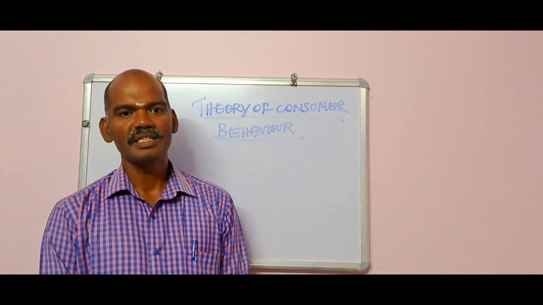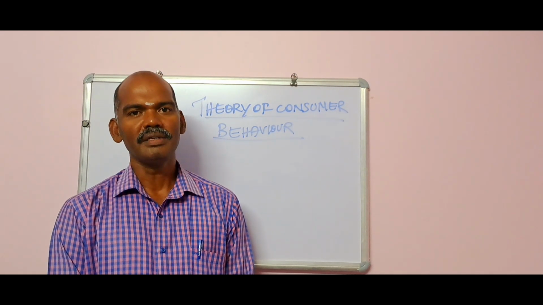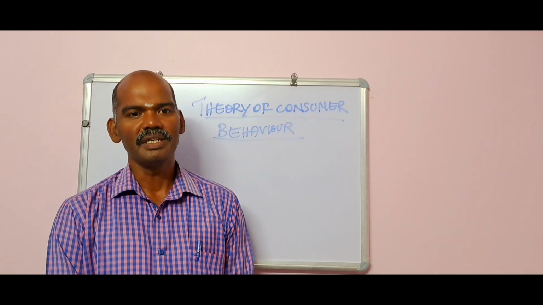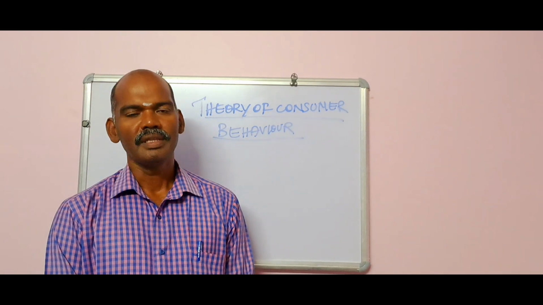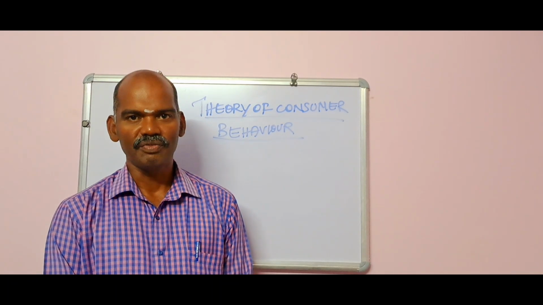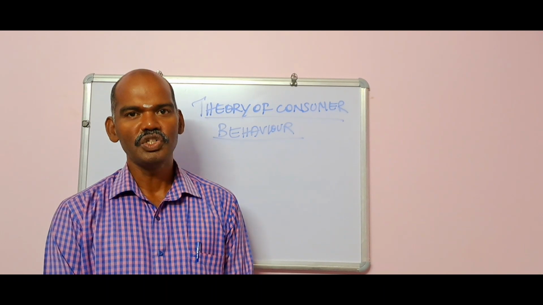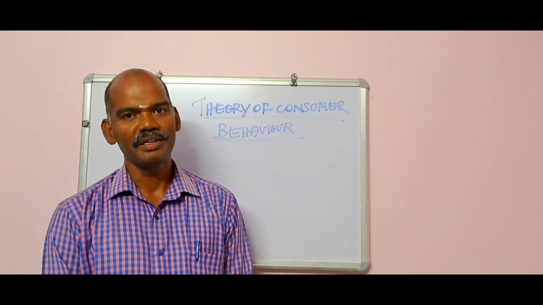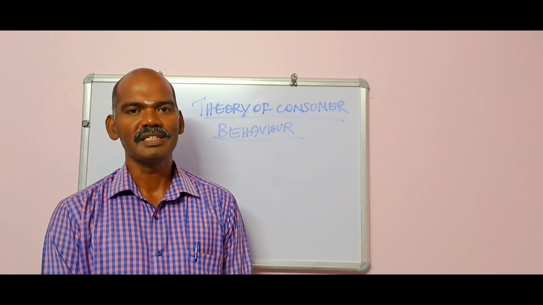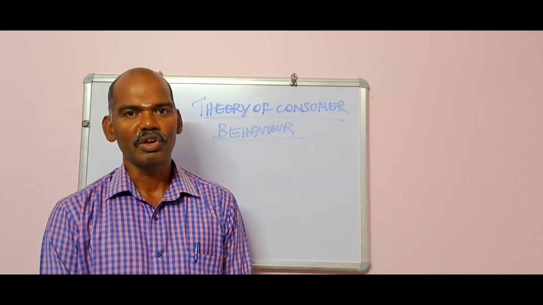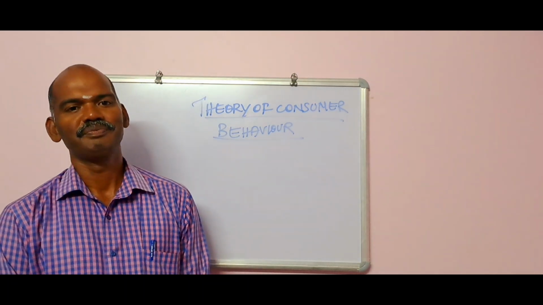These two considerations are very important because the income is very limited. There is a demand, and of course there is affordability, the ability to purchase. Everything is there. But the income has to be utilized in a judicious manner as far as the fulfillment of his requirements is concerned.